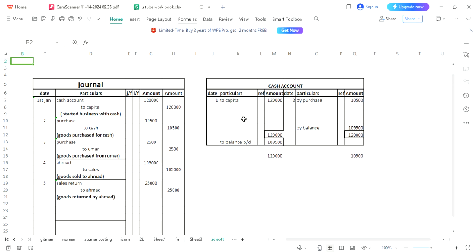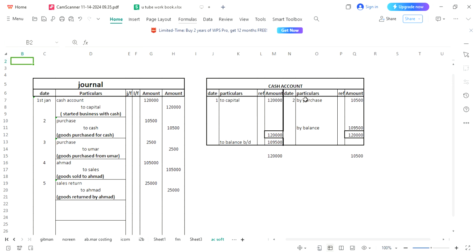So the next target is to make different ledgers of the journal which you have already made. If we are talking about this question, how many ledgers? Number 1, cash account, number 2 capital account, number 3 purchase account, number 4 Umar account, number 5 Ahmed account, number 6 sales return. So 6 ledgers would be made.